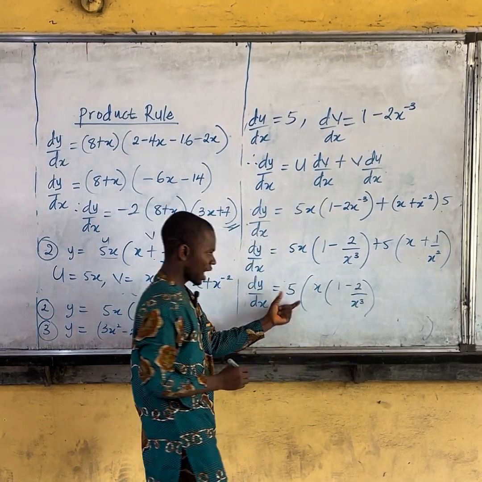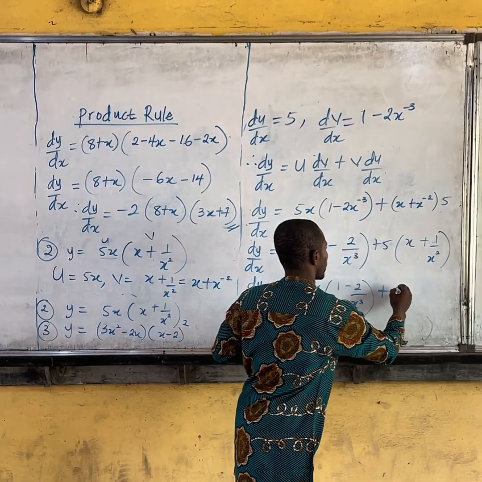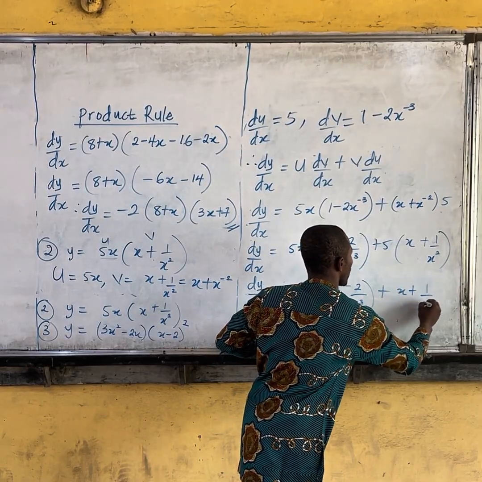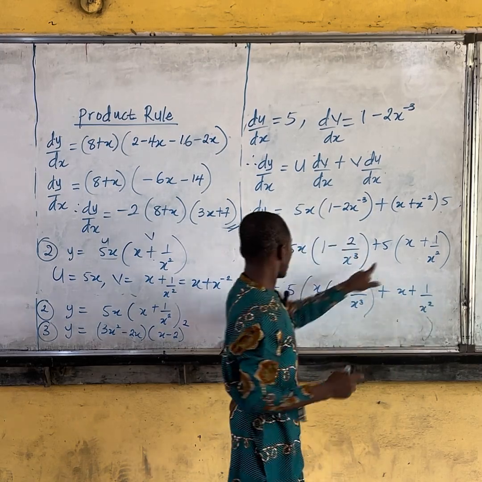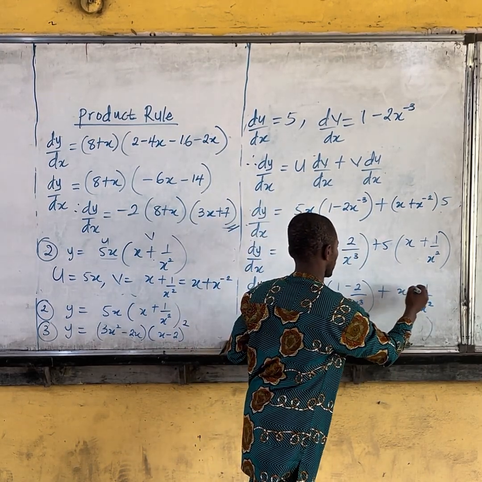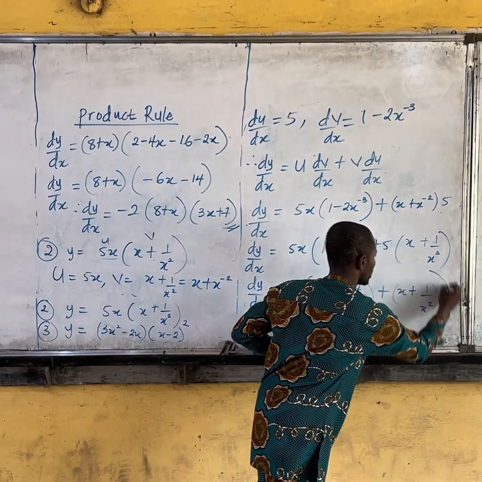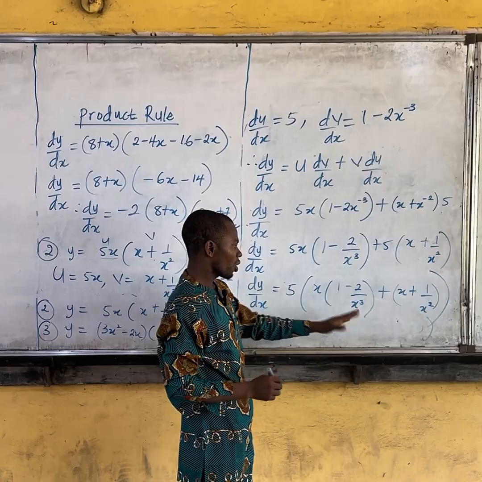You close it. I factorize 5 out. Plus x plus 1 over x squared, because 5 in 5, just 1 times this. Then it means we have factorized everything in a bracket since 5 is common.